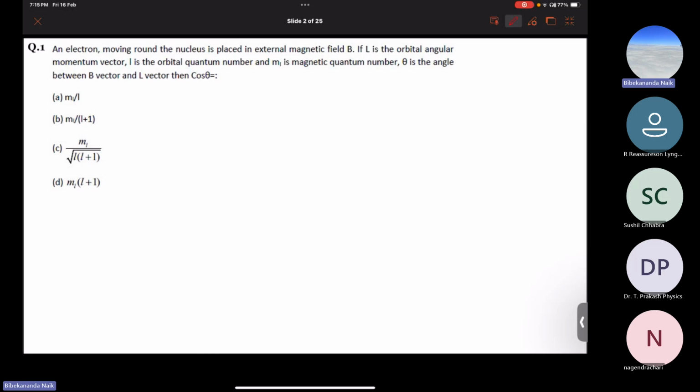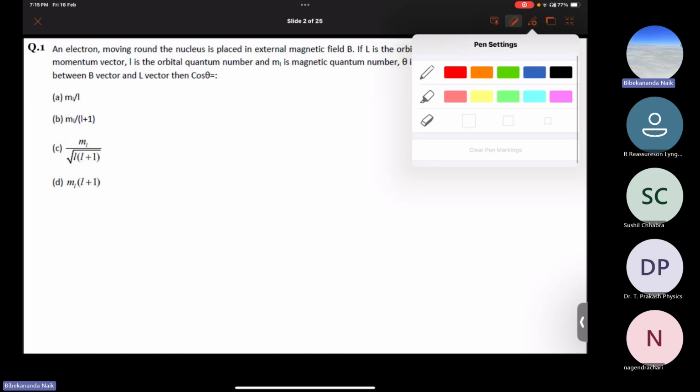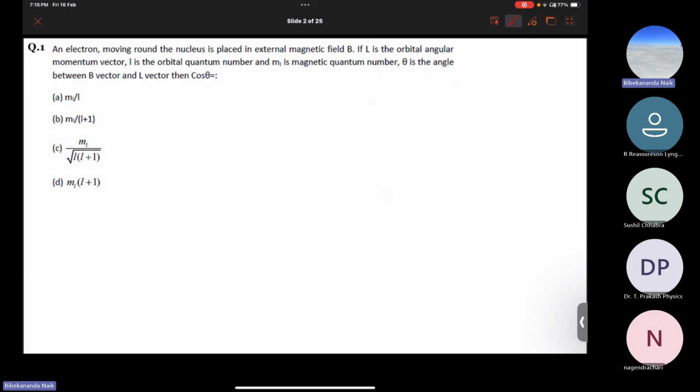If you recall the last class, we did mu equals I into A, where A is the area cross section of the orbit, which is pi r squared, and I is the current, which is q by t.